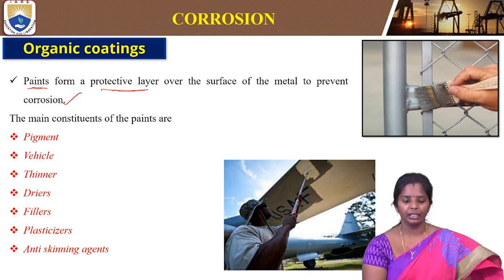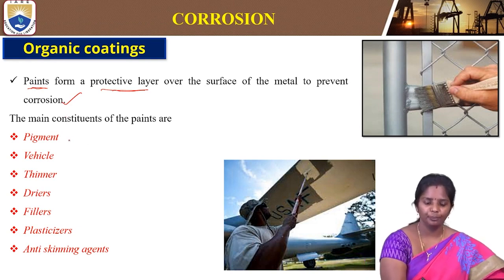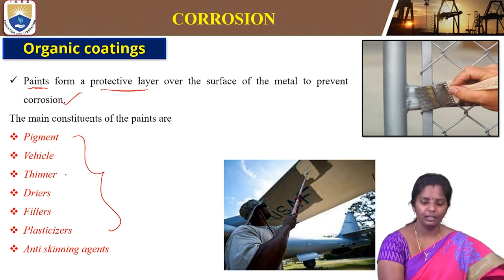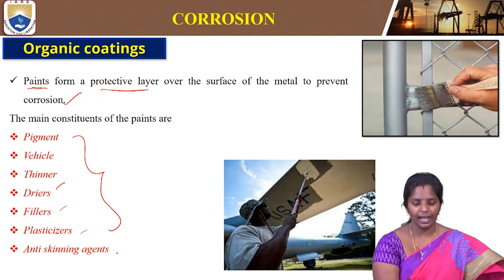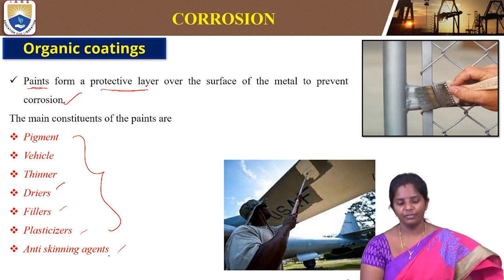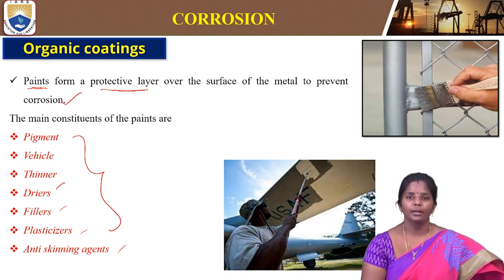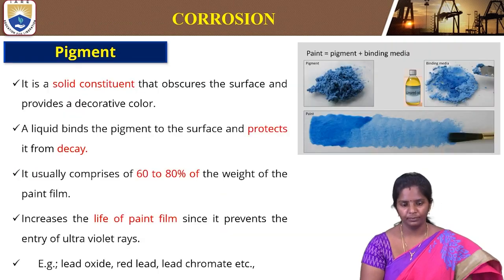So what does a paint contain? These are the constituents of paints: pigment, vehicle, thinner, dryer, filler, plasticizers and anti-skinning agents. We will see in detail one by one what these are and why they are used in the paints for coating the metal.